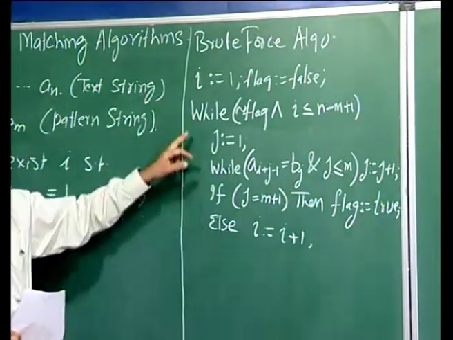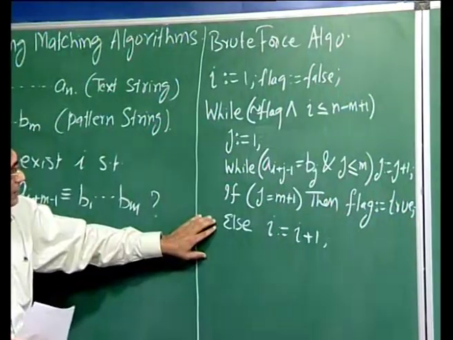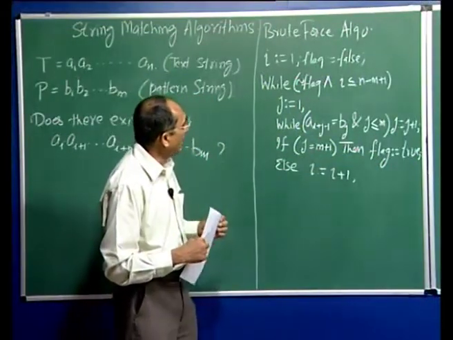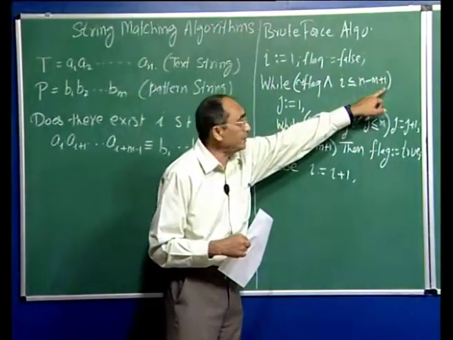This loop will terminate eventually either with a success, that is flag would be true, or i would have exceeded this last limit.